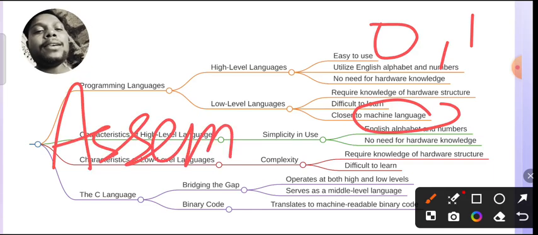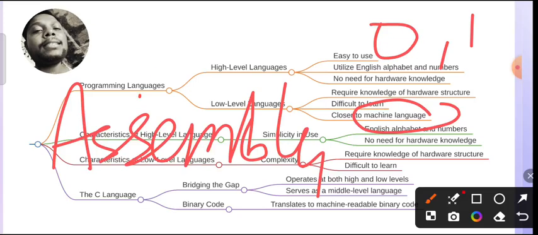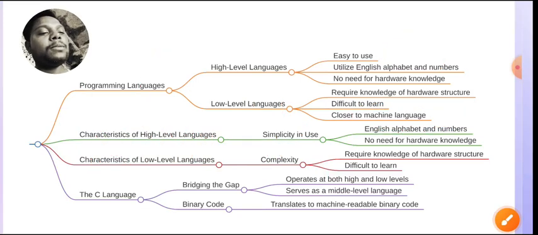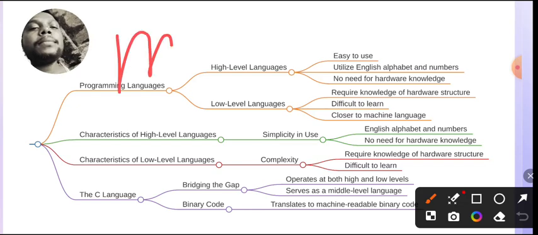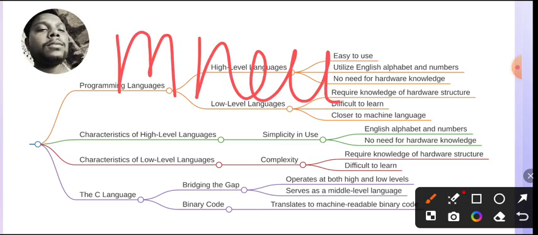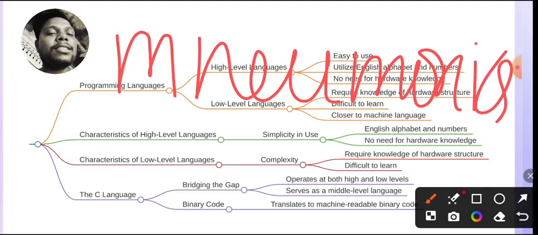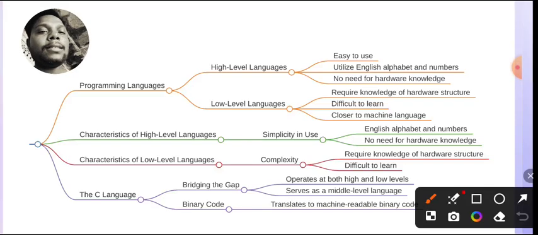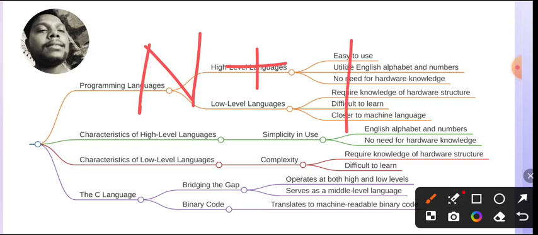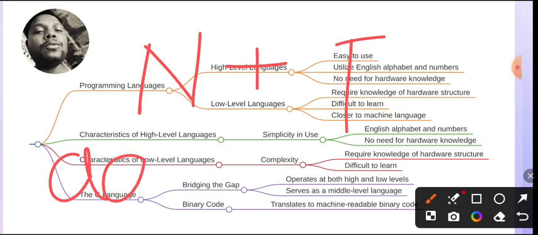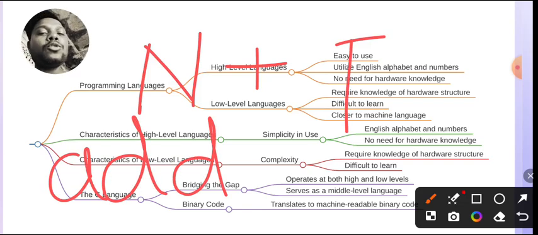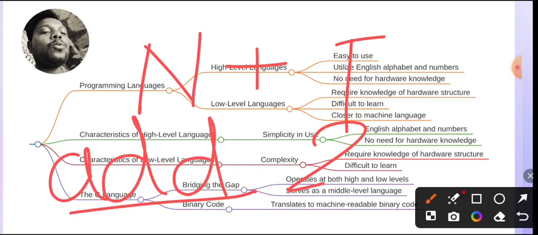Assembly language consists of mnemonics. What is mnemonics? Mnemonics consist of number plus text. Like if you need to add 2 and 3, you write add 2, 3.